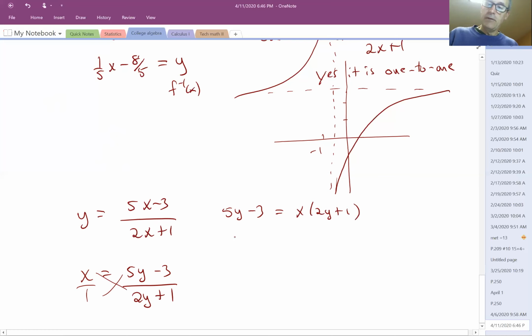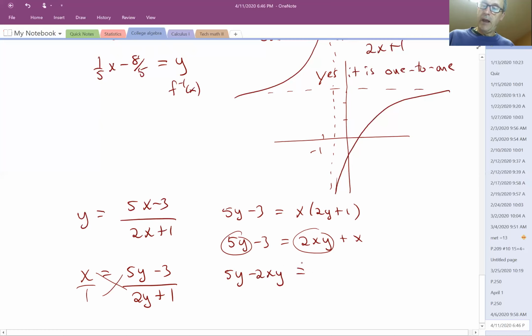Distribute the x. 2xy plus x. Now we got to get the y terms together because we got to get y by itself. So these are the y terms. So subtract the 2xy over and add the 3 over. So I added just a little switcheroo.